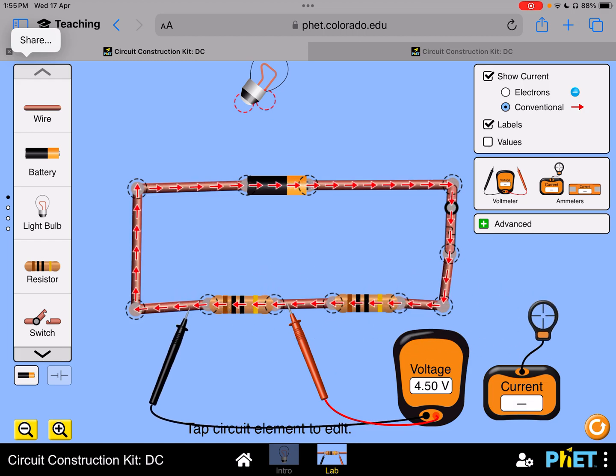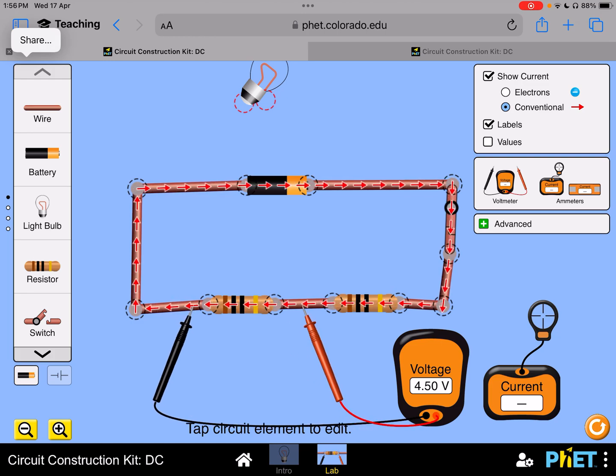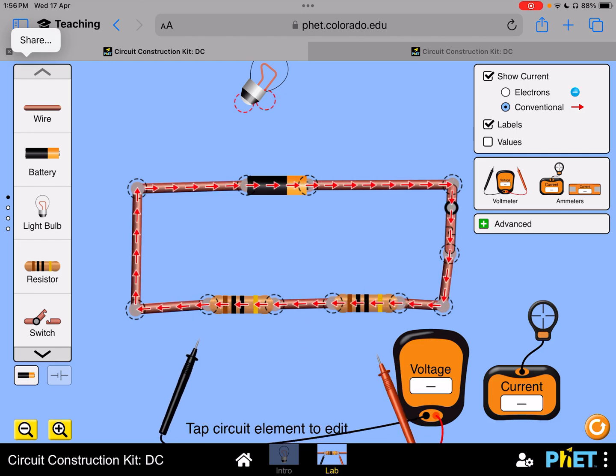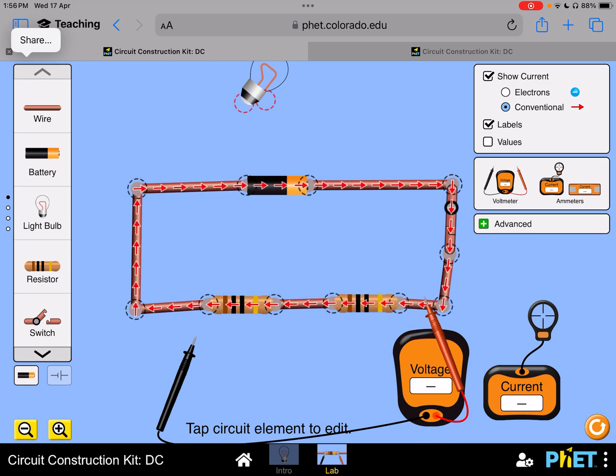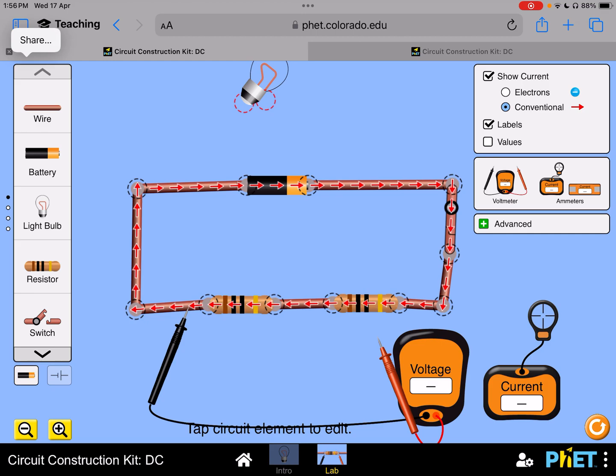Now what do you think is going to happen if I measure the potential difference at these two points, in between the two resistors? Let's find out. You realize that it actually adds up the potential difference.